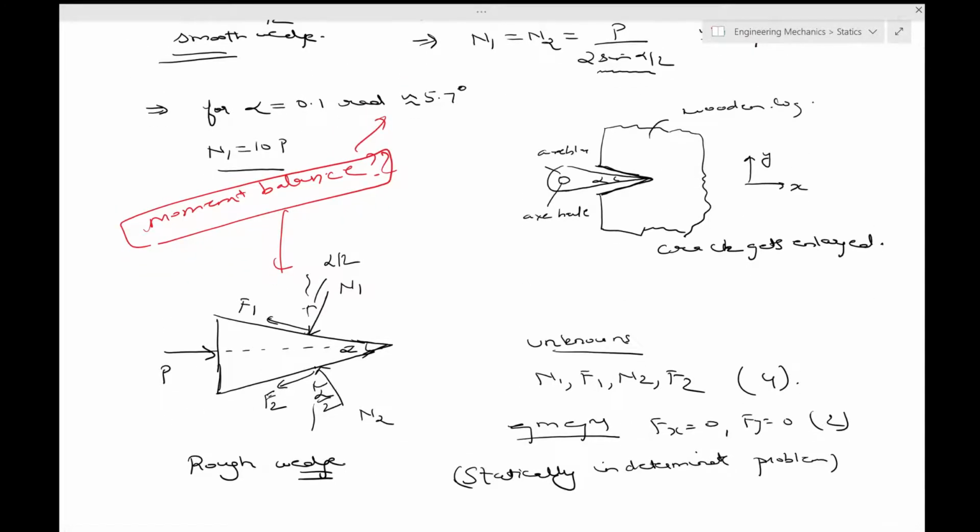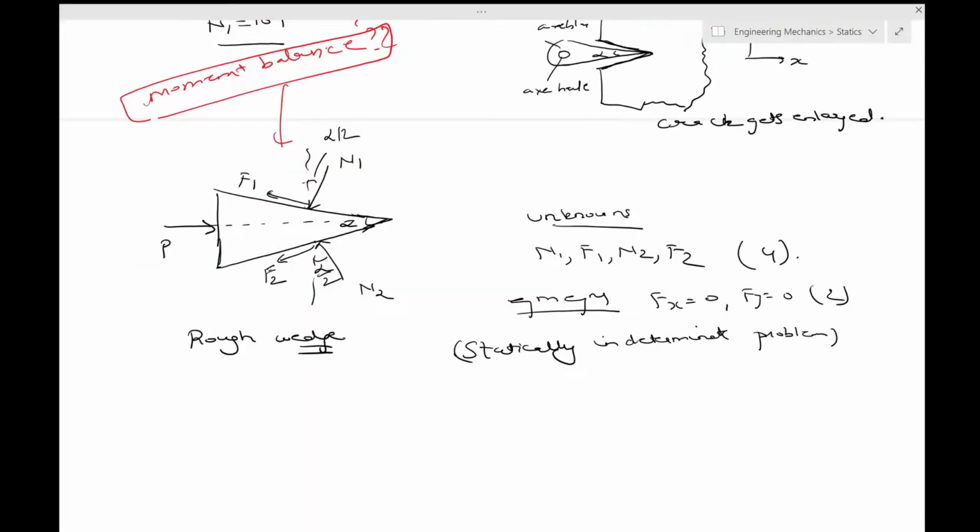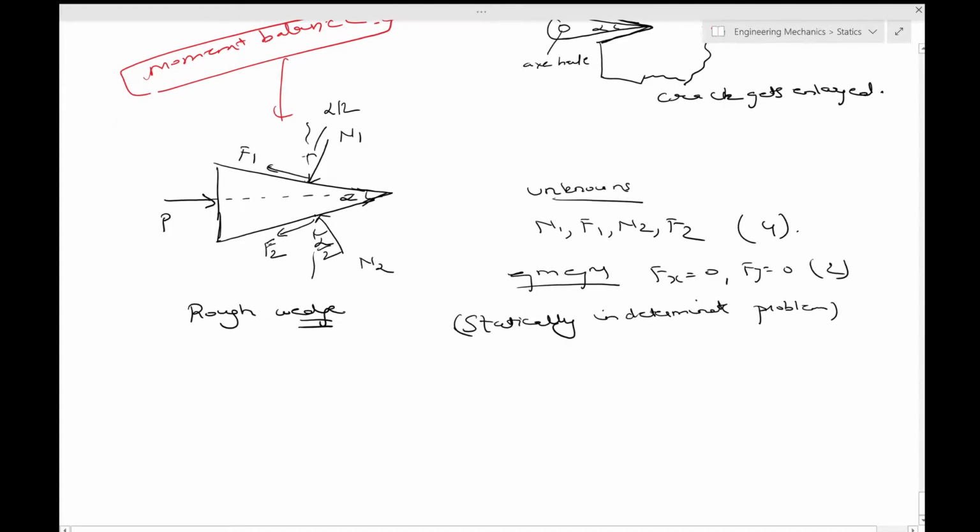Okay, once that is done, now if we want to see this as a problem, not to actually find these values, but to check it as a problem of impending slip.